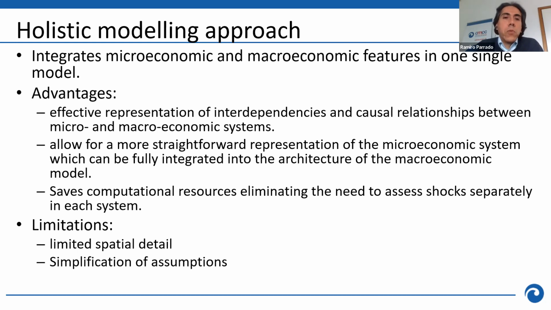They also allow for a more straightforward representation of the microeconomic system, which could be fully integrated into the architecture of the macroeconomic model. This also helps in saving computational resources because they eliminate the need for communication of information between the two models and applying shocks separately in each system.